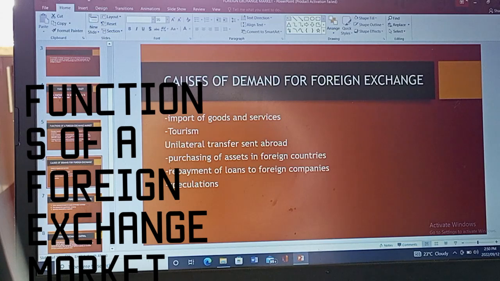Now, another one is what? Unilateral transfer sent abroad. When we say unilateral transfer sent abroad, let's take for instance, I'm living in Australia and I need to send money to South Africa, which is my home country, or to Ghana or Nigeria.